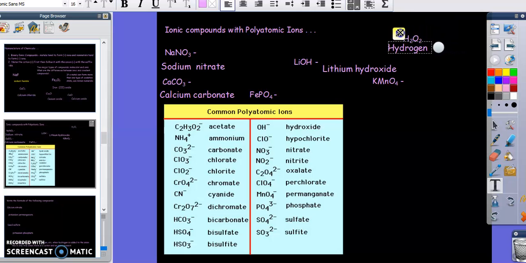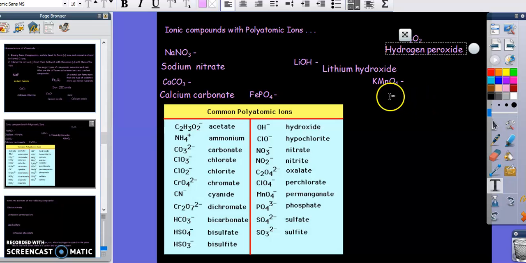I just typed in Google, find me polyatomic ion table. It could even be in your online textbook. That would be another great source for you to look. But this one right here is called peroxide, and its formula is O2 with a charge of -2. That's just one of those things that I committed to memory. But I bet every one of you is familiar with peroxide.